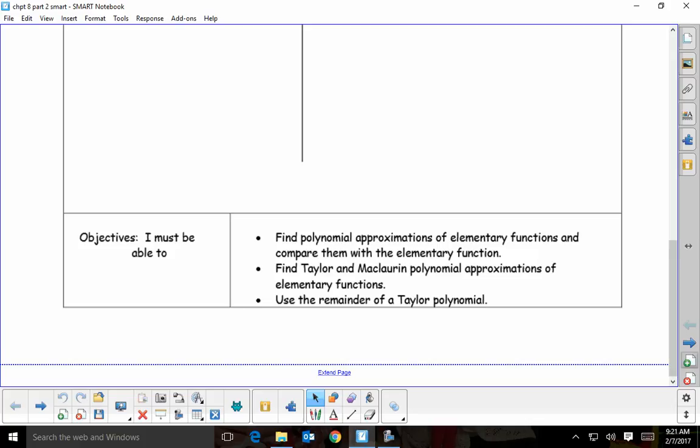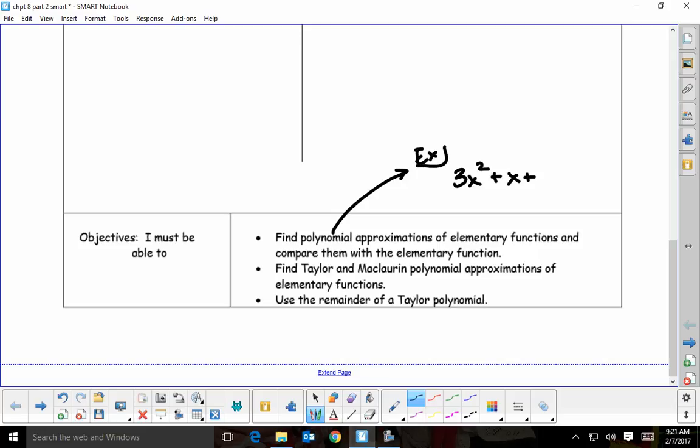So we are going to find polynomials, and let's pause for a second and make sure we all understand this algebra term, polynomial. Give me an example of a polynomial. 3x squared plus x plus 2. Okay. There's a polynomial. Another polynomial.